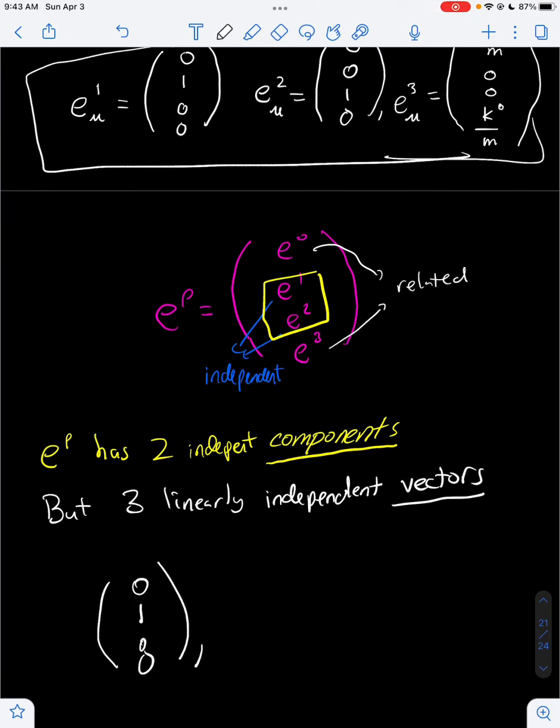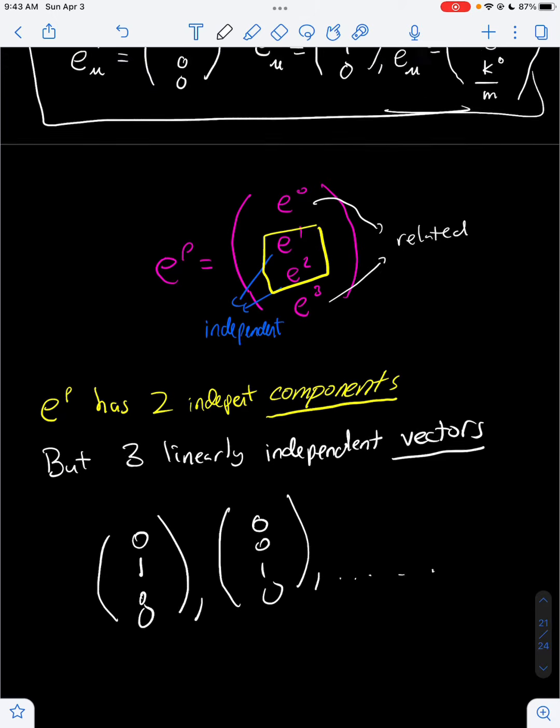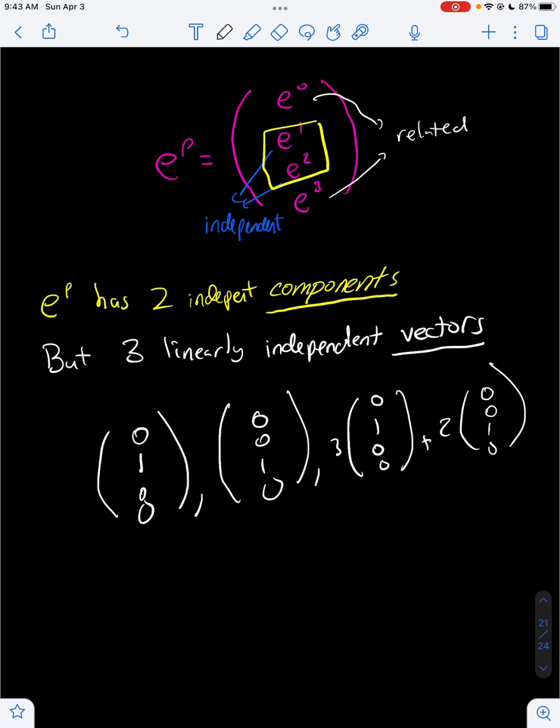We can have a polarization state that is 0, 0, 1, 0. We can have an infinite number of polarization states. We can even have something like 3 times 0, 1, 0, 0 plus 2 times 0, 0, 1, 0 as a polarization state. That's called a mixed polarization state, or a superposition of those states.